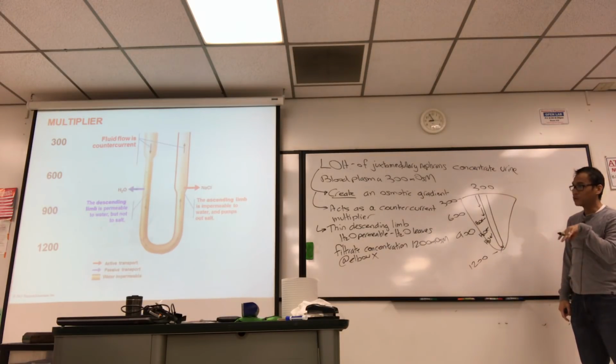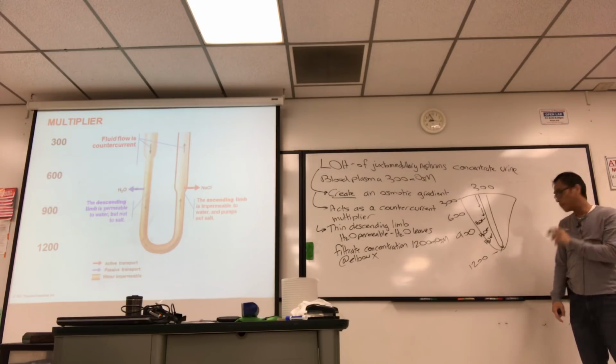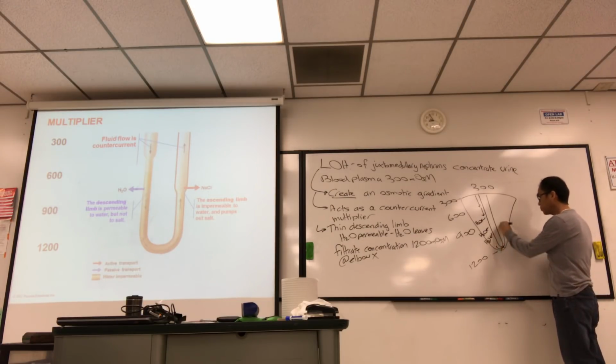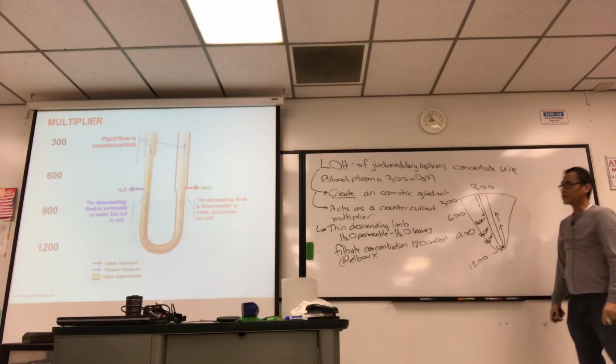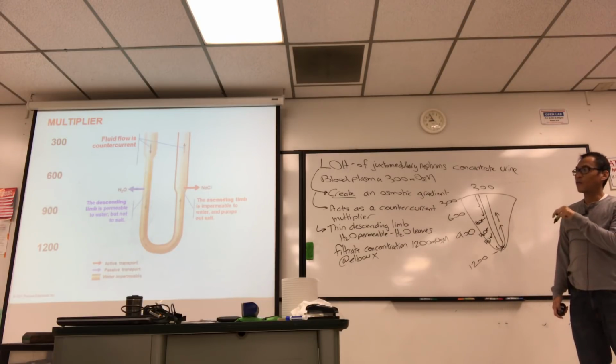So the thing about being a loop is you go down, but then you go back up. So you make the U-turn, you go back up. And the thing to consider on the way up and out is the thick ascending limb.